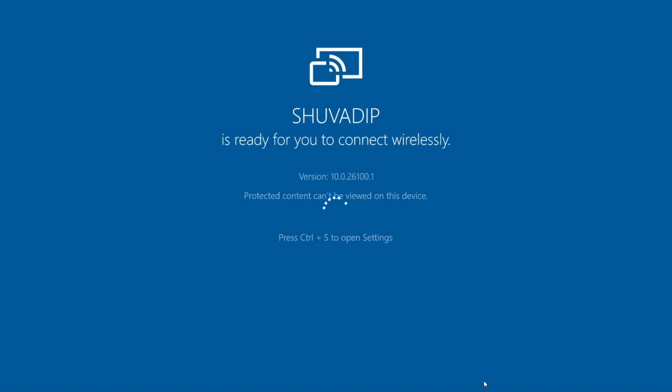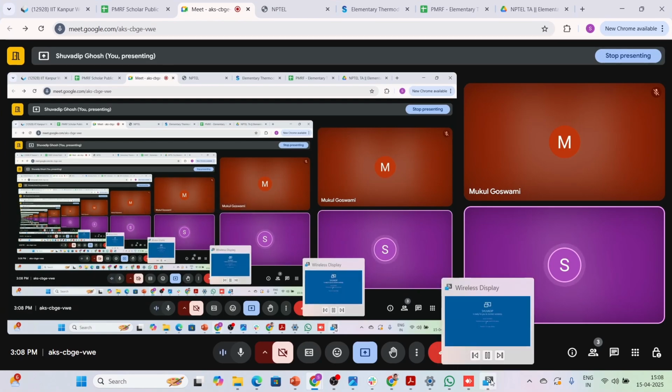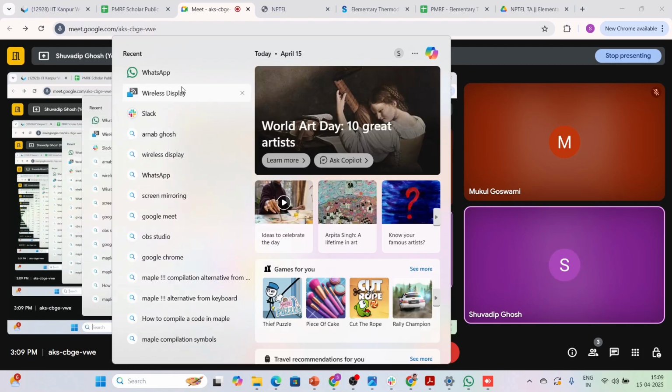Let me just turn off the windows for 1 minute. Now is it audible? It's perfect. Okay. I just turned off the fan. Probably it was due to that fan.